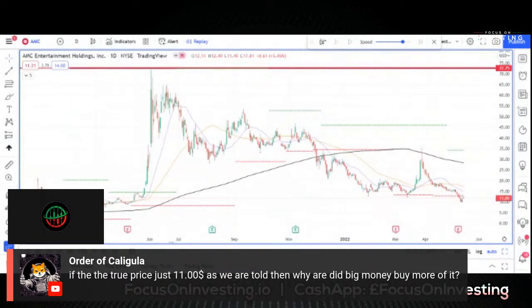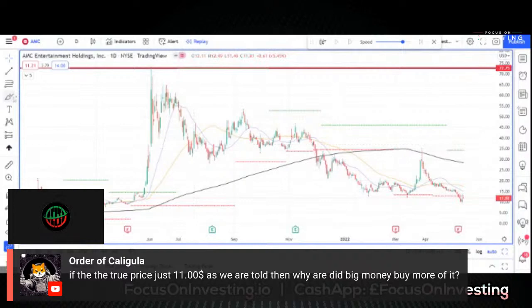So again, why would big money buy more of it? They would buy it in order to exit their position. And we can see by the charts that the overall sentiment is that people are not buying the stock. If people were buying, the stock would continue to go up. The overall sentiment of big money and everybody is that the price is going down.